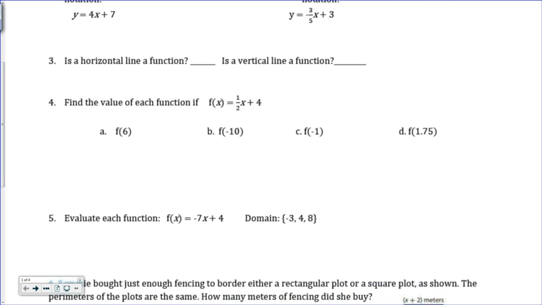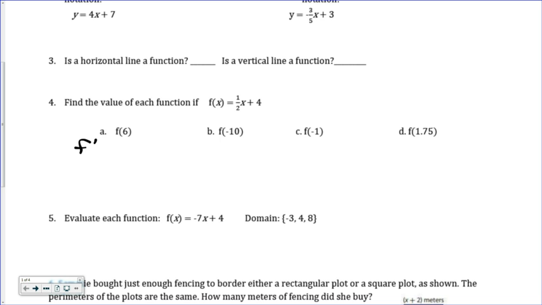Find the value of each function if f of x equals 1/2 x plus 4. So we're going to work through a couple of these. It's not a multiple choice answer. You have to work through all of your answers to figure out what the range is going to be. So for A, f of 6, you're going to plug that into the equation.